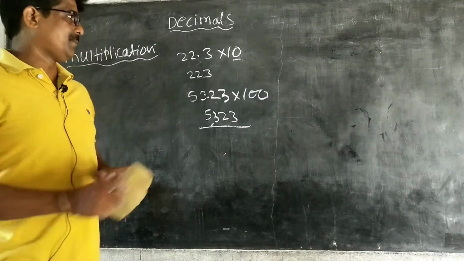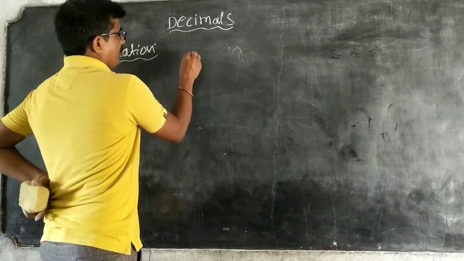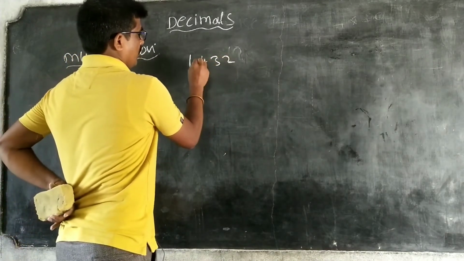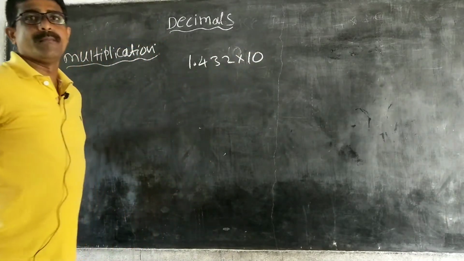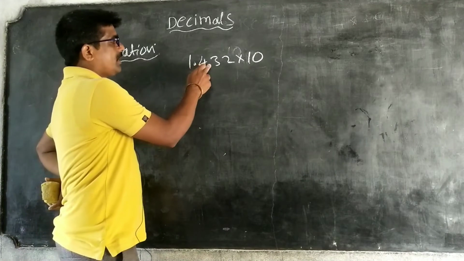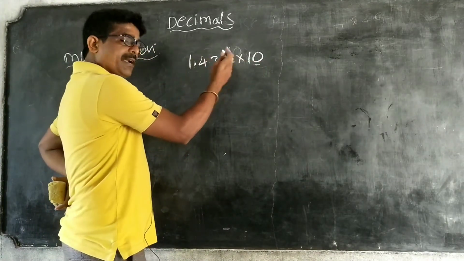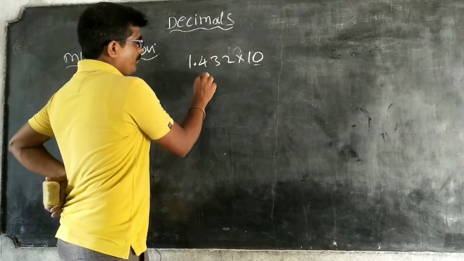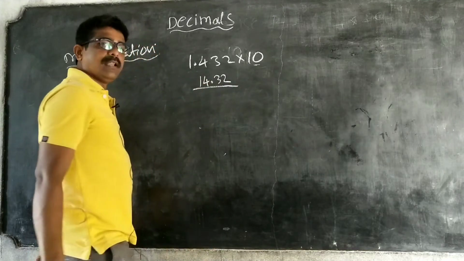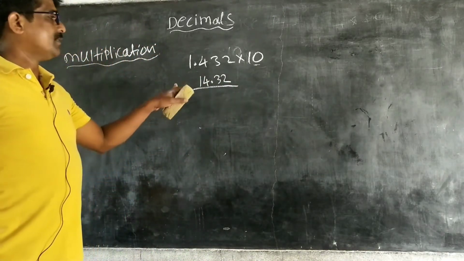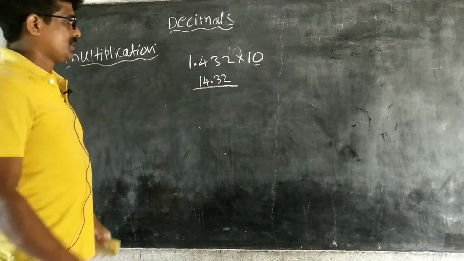This is for multiplication. If I take another number, 1.432 into 10. How do we do the multiplication? The point moves one place because of the 10, remaining are as it is, that is equal to 14.32. Okay, this is multiplication.